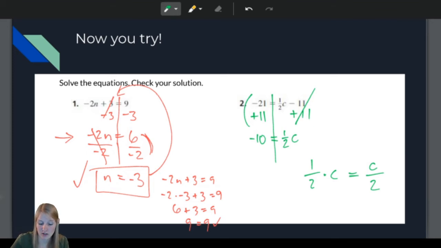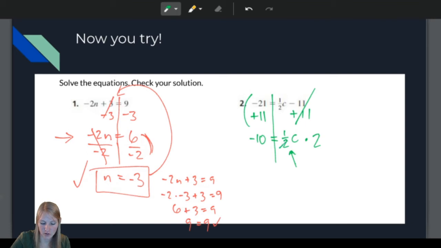So if we think of it this way, now all I need to do is multiply by 2 instead of dividing by 1/2. So anytime you see a fraction times c or times the variable, you can just multiply by whatever is on the bottom of the fraction. So 1/2, 2 is on the bottom of the fraction, so let's multiply by 2.